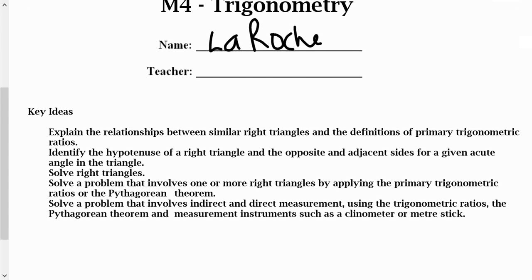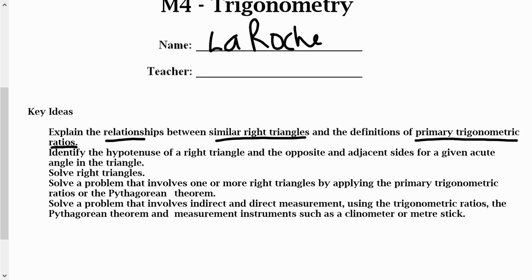We're going to look at some ideas about trigonometry, which is more of the study of triangles. We've looked at triangles in the past, talked a lot about the Pythagorean theorem and the angles within triangles. We're going to explain the relationships between similar right triangles. And the new topic here is these primary trigonometric ratios.